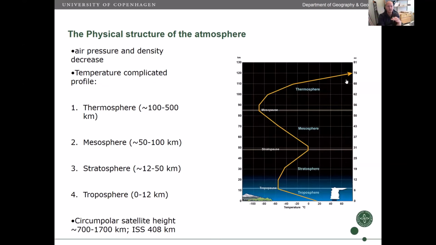Temperature is a measure of the movement of the molecules. They can be highly energetic because of these high energy beams coming from the sun. So therefore the temperature can be extremely high in this part. But since there are so few molecules, you wouldn't really feel it as extreme heat. But those few molecules that are there can be very energetic.